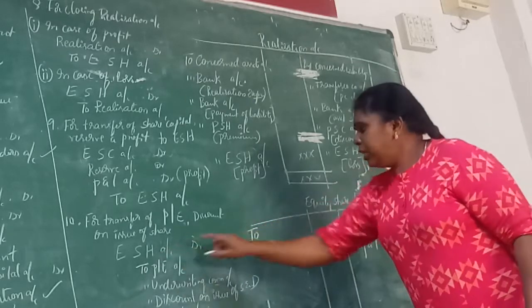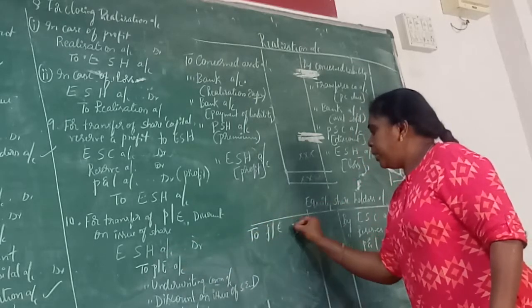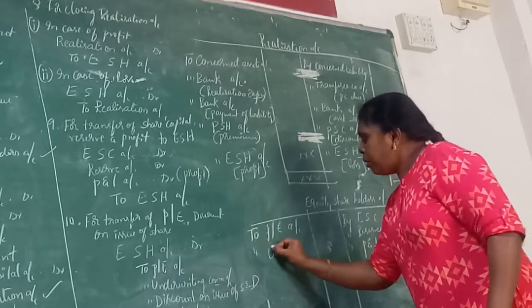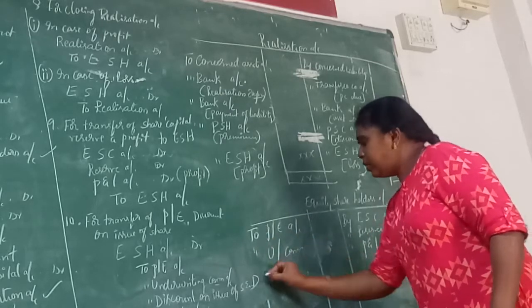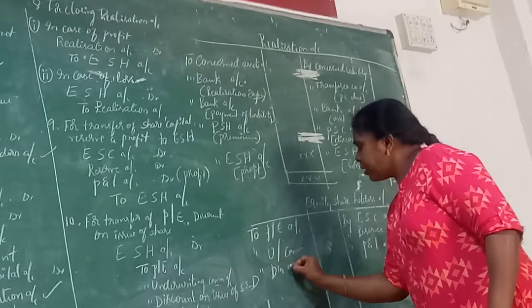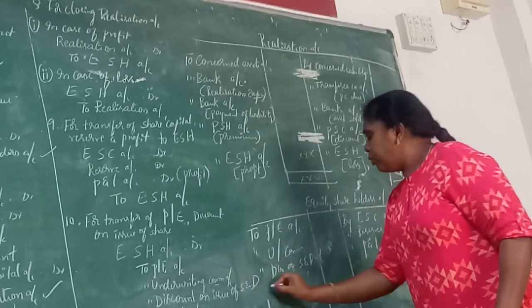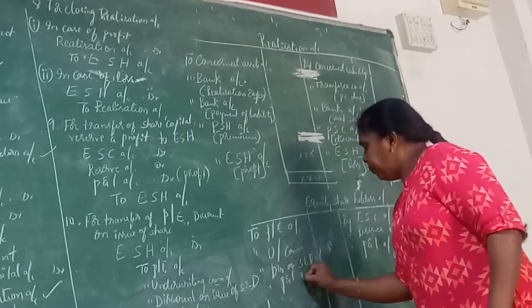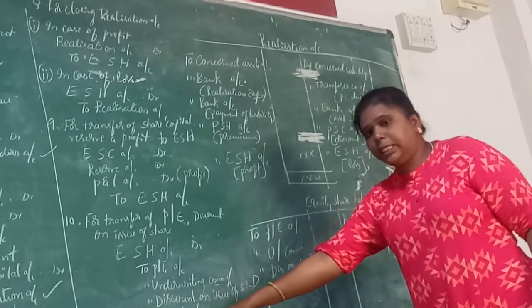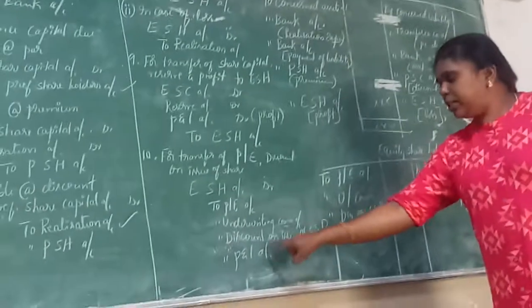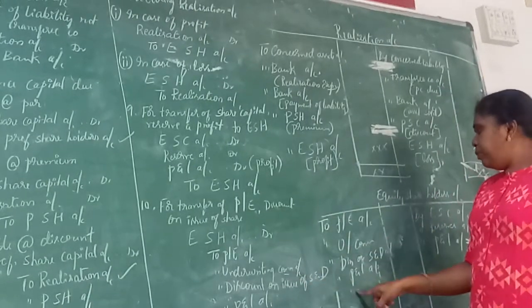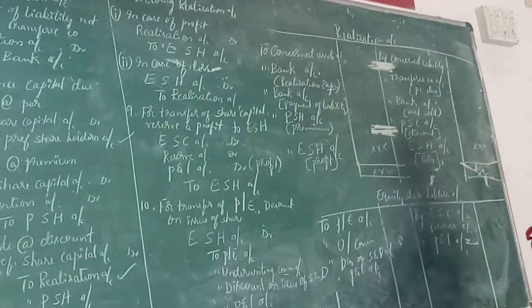Equity shareholders account debit to preliminary expenses account, to underwriting commission account, to discount on issue of shares and debentures account. So all this amount should be debited, and P&L account. P&L account, which is on the asset side of the balance sheet, is a loss. So that should be posted to the equity shareholders.